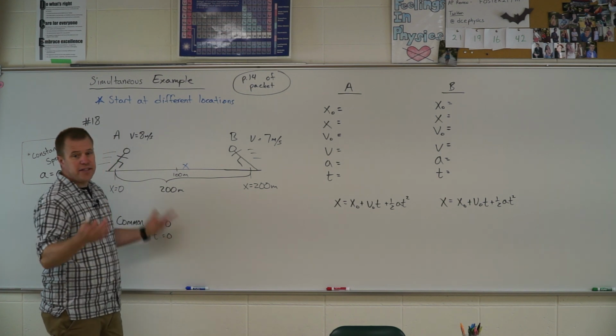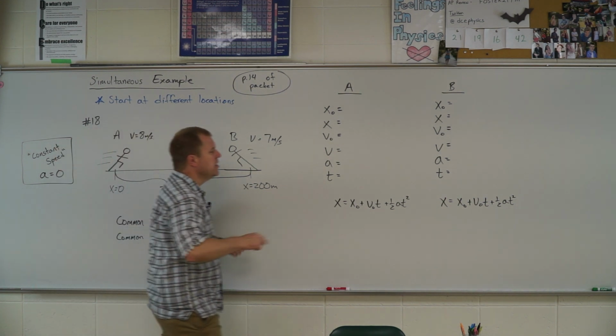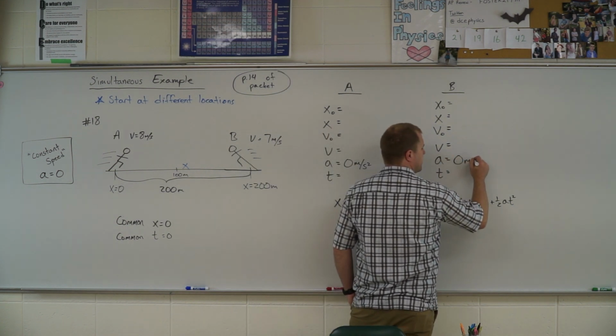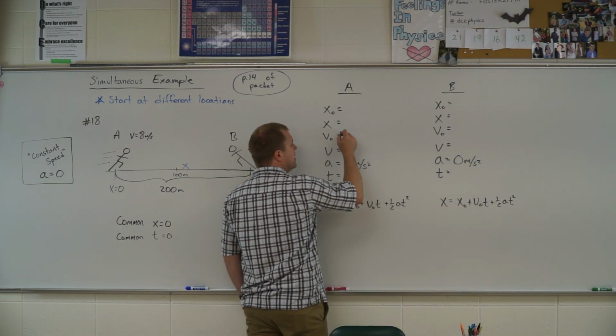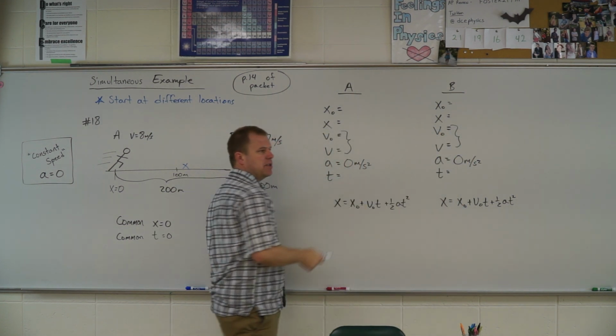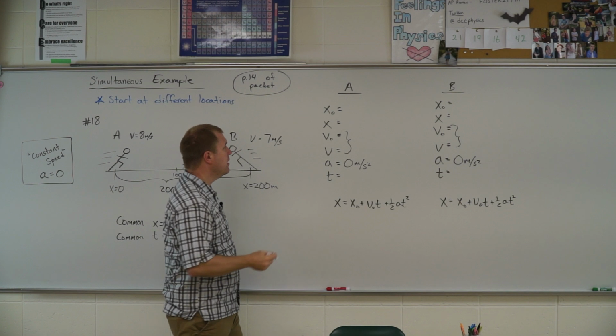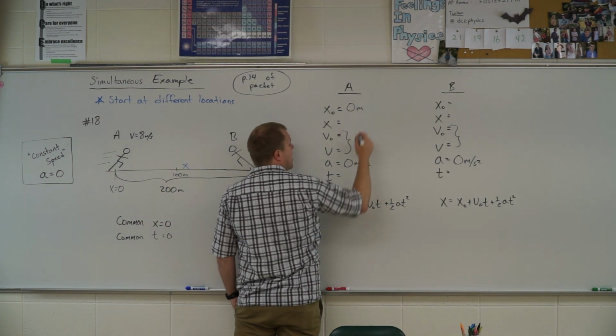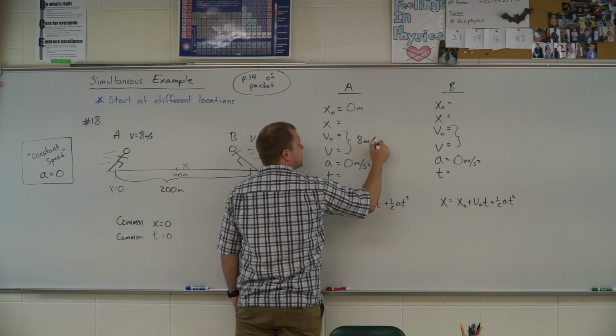All right, so let's set this up. Let's fill in our information. So our constant speeds made our acceleration 0. That's great because that means that my initial velocity and my final velocity will be the same value. It also means I'm going to use equation number 2. All right, so runner A starts at 0 meters at 8 meters per second.